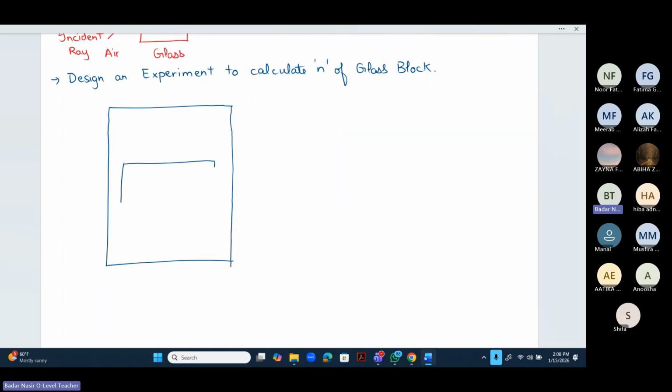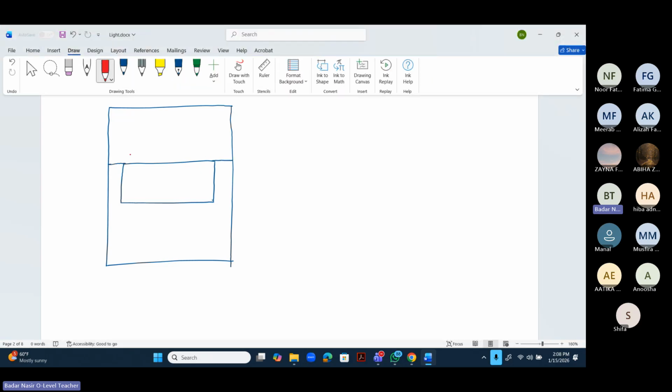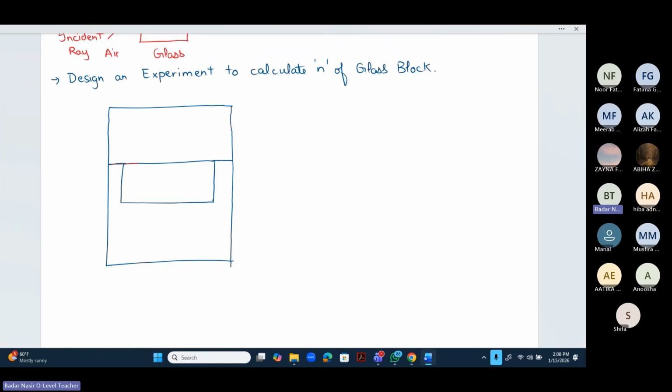So this is a rectangular glass block. Okay, acha. Once you place the rectangular glass block, you will draw lines. Okay? We will draw the boundaries of this glass block. So let's say we will draw these boundaries.